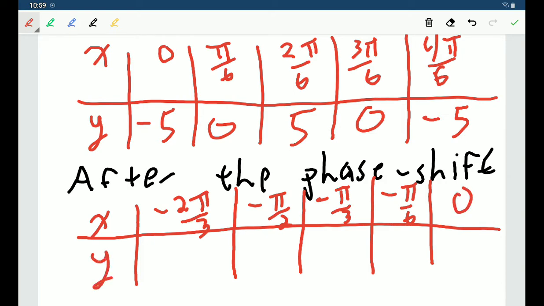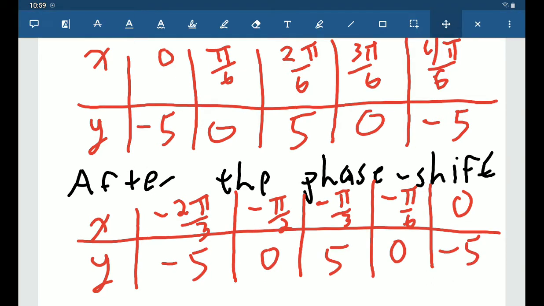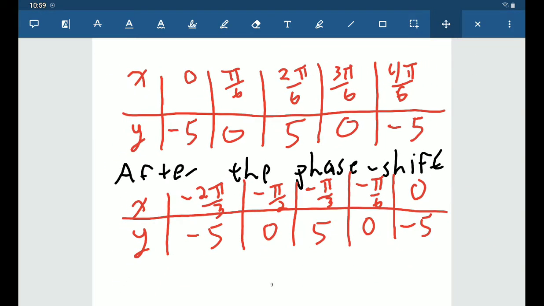And of course, the y values are unchanged because we don't have a vertical shift for this graph, just a horizontal shift. All right, so now we've got our 5 key points. So we'll be starting at negative 2 pi over 3, and with the x values, negative 2 pi over 3, negative pi over 2, and so on.